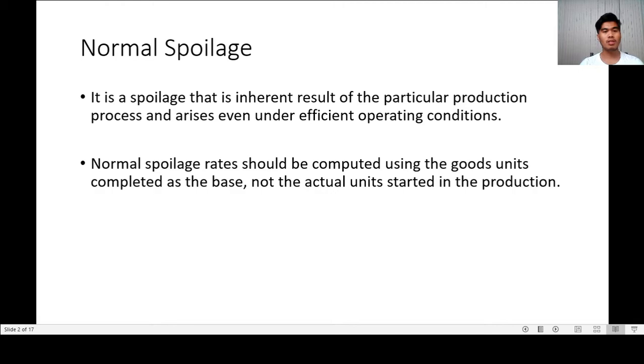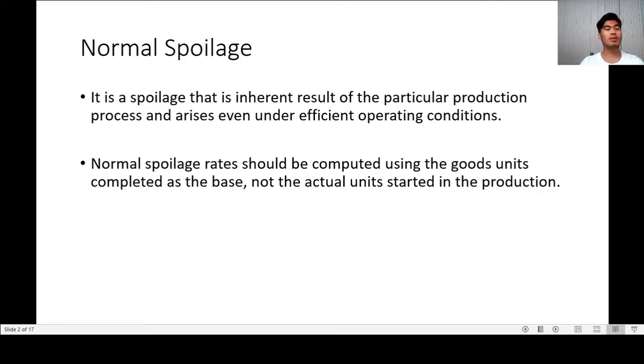The normal spoilage rates should be computed using the good units completed as the base, not the actual units started in the production. Kumbaga, yung formula mo is normal spoilage in units over good units completed.